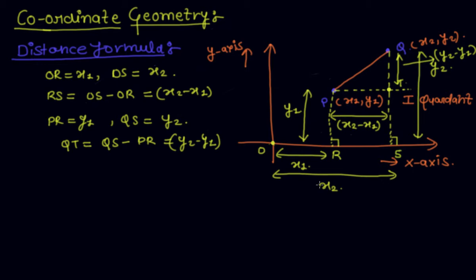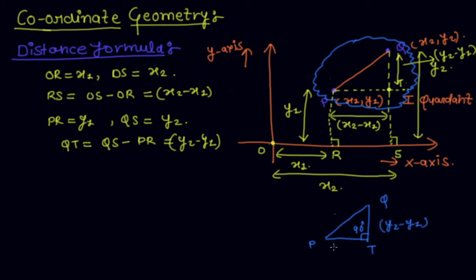Now I get a triangle PTQ, and T is the 90 degree, and QT is y2 minus y1, and PT is x2 minus x1.